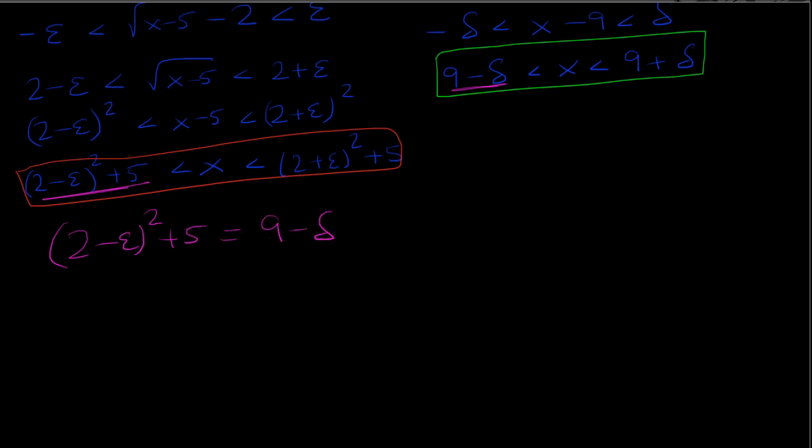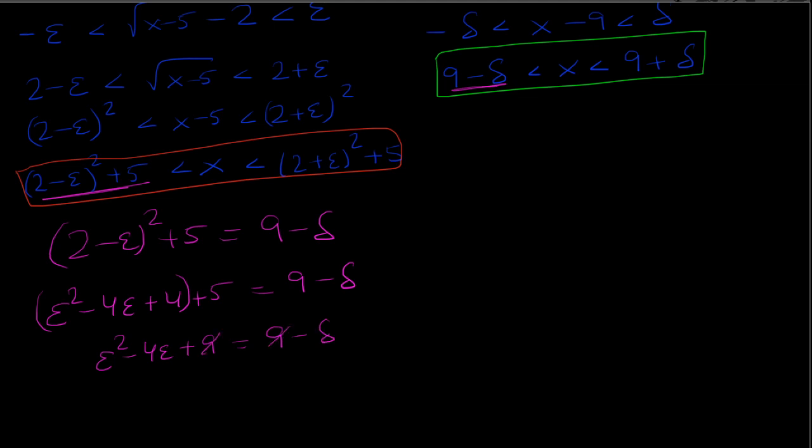I'm going to expand the left, so we have epsilon squared minus 4 epsilon plus 4. And we're going to add that to 5 equals 9 minus delta. And so we have epsilon squared minus 4 epsilon plus 9 equals 9 minus delta. The 9's will cancel, and we'll get delta equals 4 epsilon minus epsilon squared. So that's one of them.